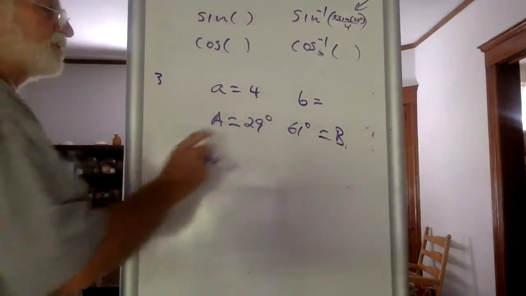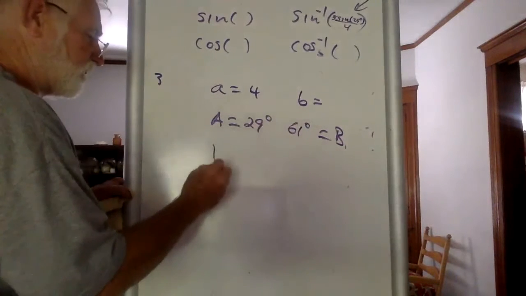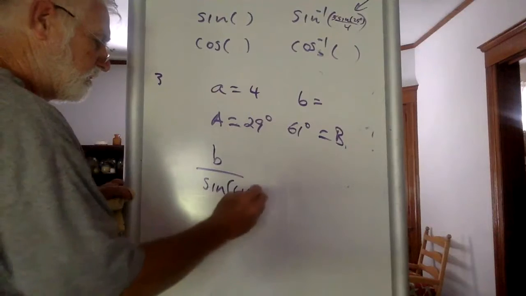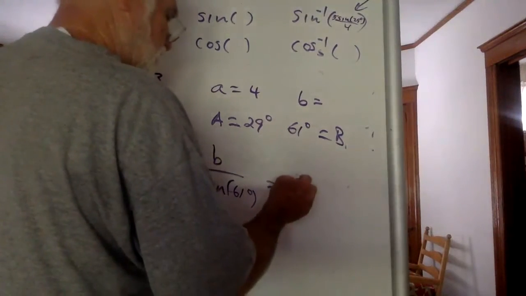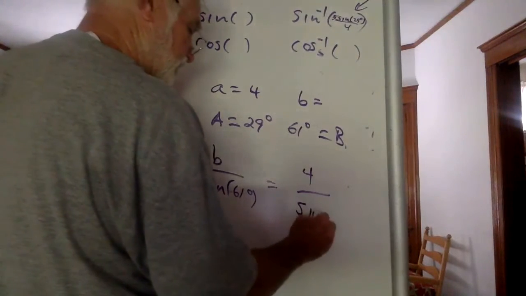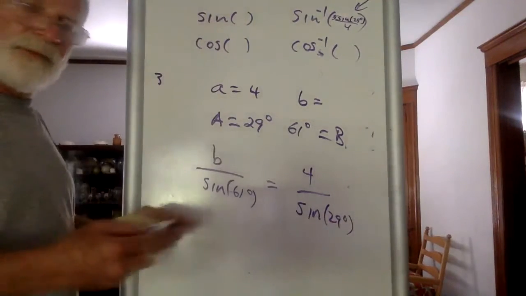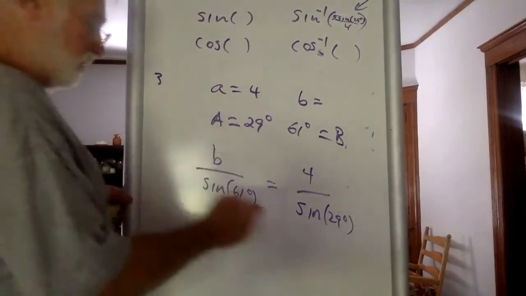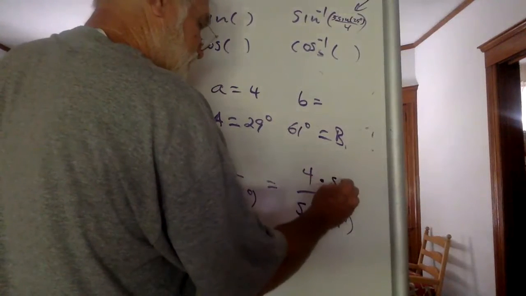All you have to do is put your unknown, in this case little b, compared to the sine of 61 degrees, the same way that little a, which is 4, compares to the sine of 29 degrees. We should be getting exact answers back and forth here, but we'll talk about that later. It's real easy to get little b alone. It's just 4 times the sine of 61 degrees.